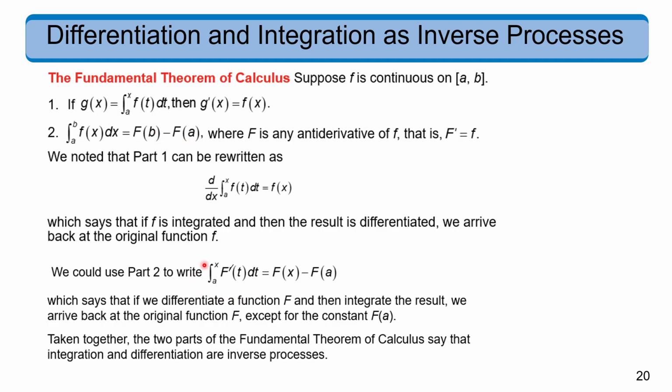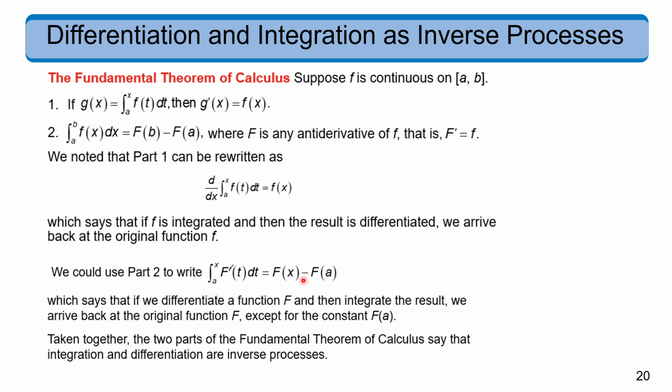So looking at this version, which means the same thing as the original part 2, here we're starting with a capital F, then we have a prime, so we're taking its derivative first, and then we're integrating. And you get capital F back, almost, right? It's capital F minus this thing here, which is a constant.